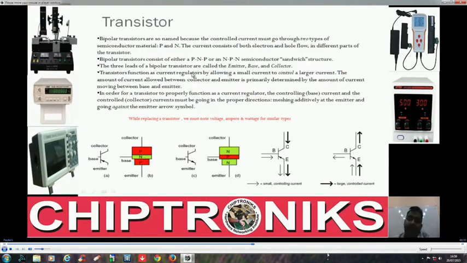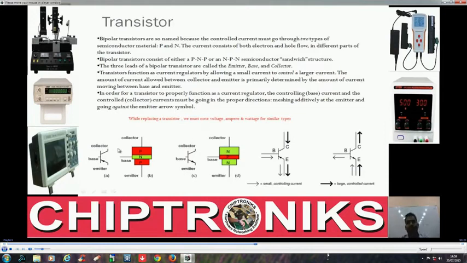And as said, there are two types, PNP and NPN. How do we recognize which one is PNP? Through the symbol. P means pointing in, so this is pointing in, so this is PNP. NPN means not pointing in; this is pointing outside, so this is an NPN.